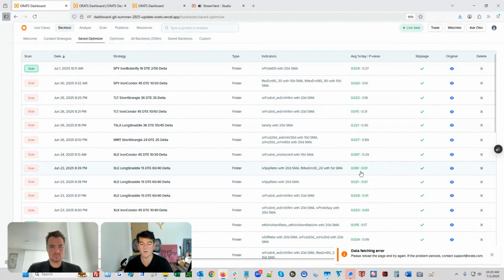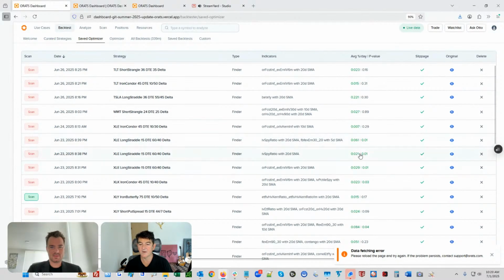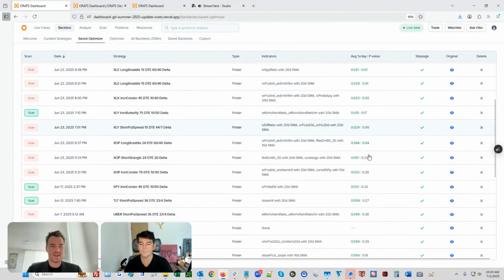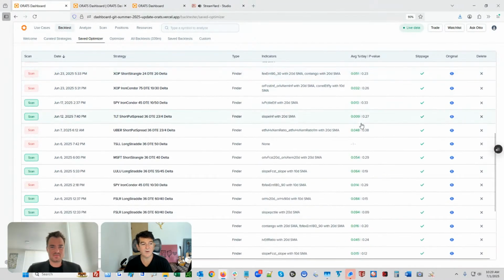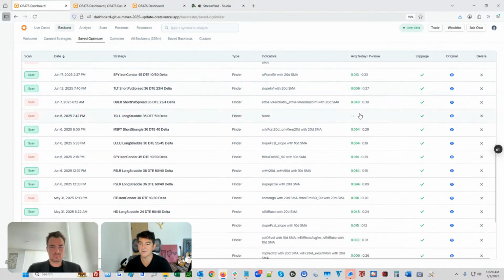Here's a 1% one for XLE. So that's essentially a 1% chance that indicator has a random effect on the backtest to achieve that average percent per day. So that's pretty good. Some are high, but I still put them in there because they have decent looks to them.